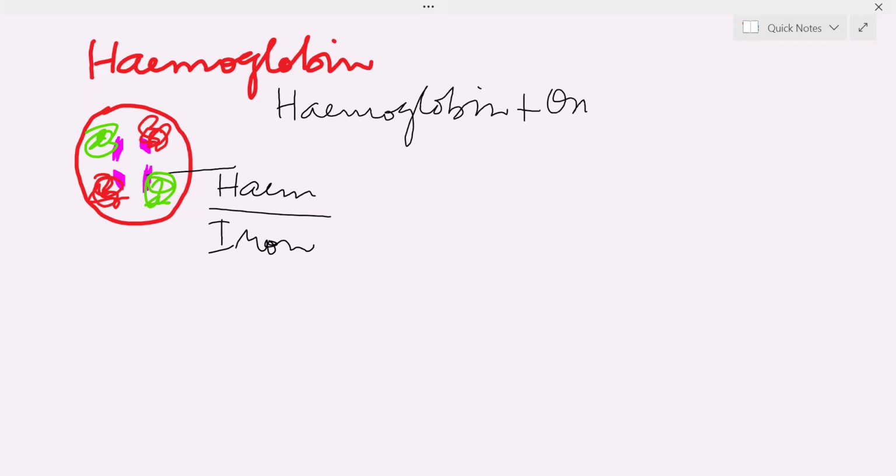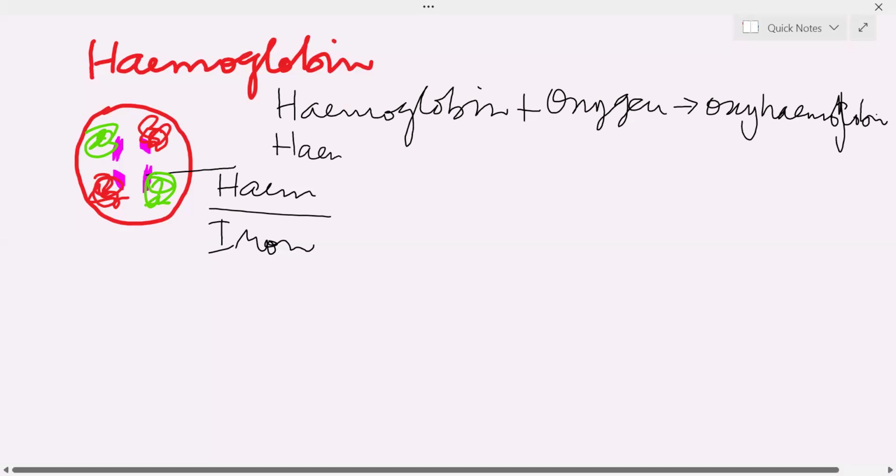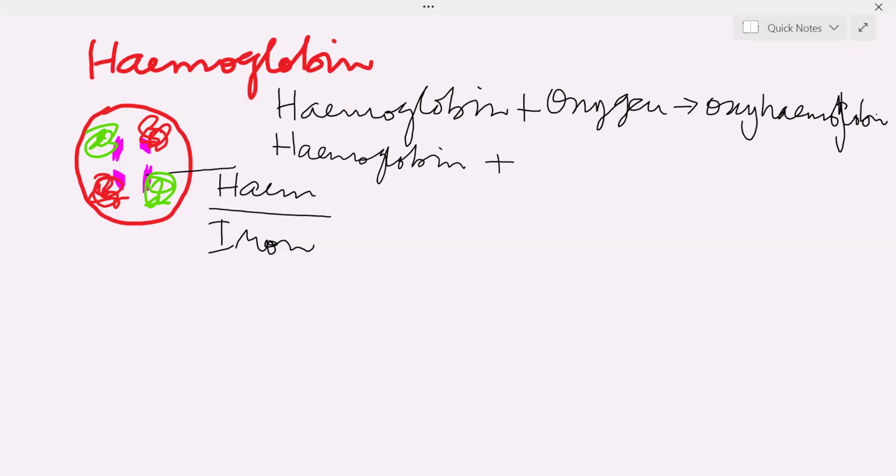Hemoglobin plus oxygen is equal to oxyhemoglobin. When hemoglobin is binding with carbon dioxide, because it is also carrying carbon dioxide when it comes towards the tissues and cells, which are actively respiring cells and tissues, they give carbon dioxide to it, so it readily gives oxygen and takes carbon dioxide.